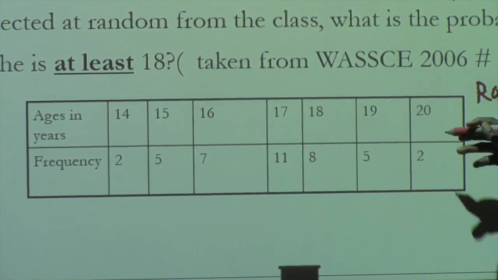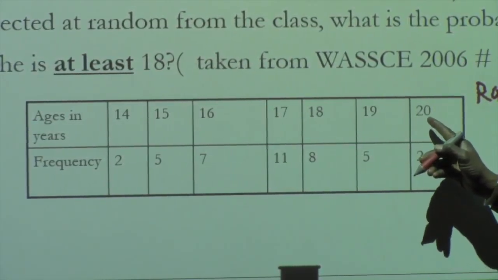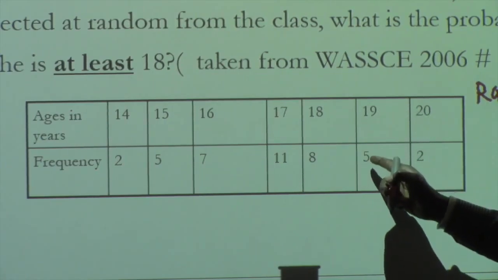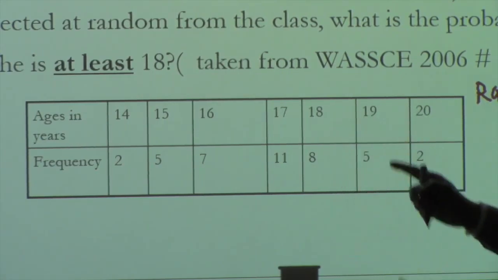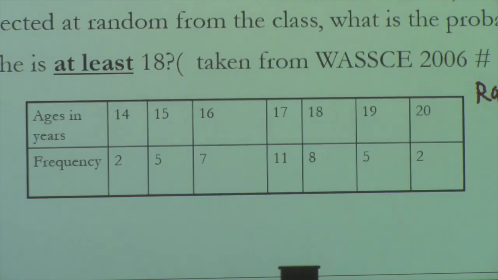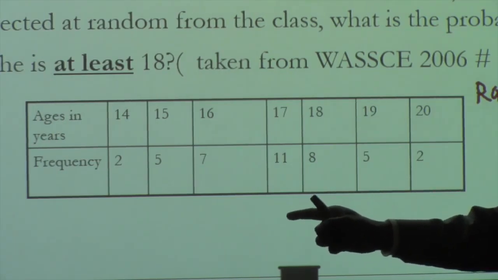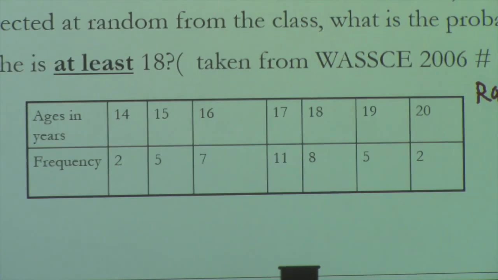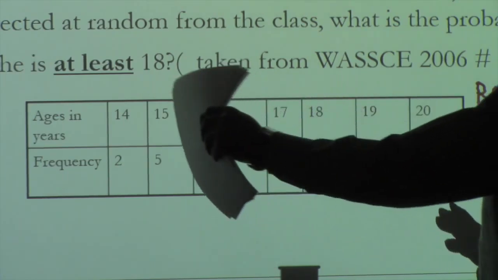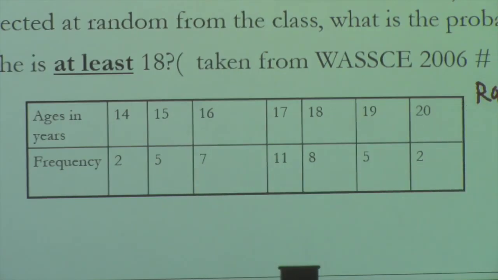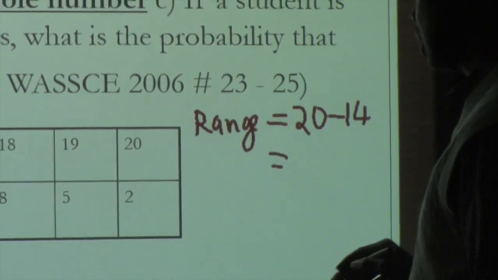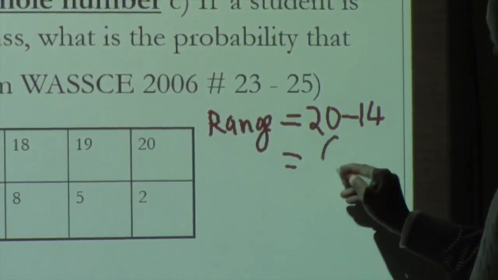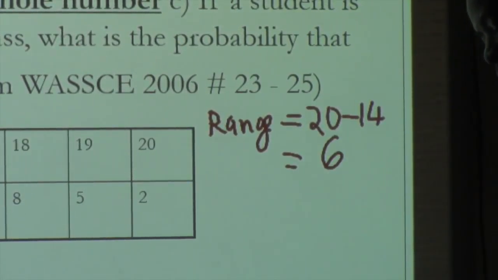This is saying that 2 persons are at the age of 20, 5 persons at the age of 19, 8 persons at the age of 18. In terms of the range, we're not looking at the difference between the frequencies, we're looking at the difference between the ages. So what was the age range? From 20 to 14. So we do 20 minus 14, highest minus the lowest. That's going to be 6. So our range here is 6.